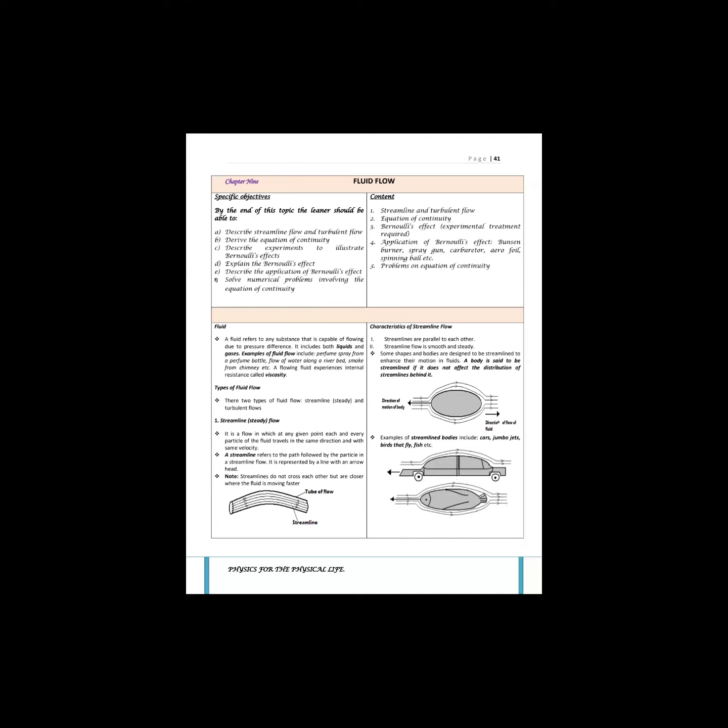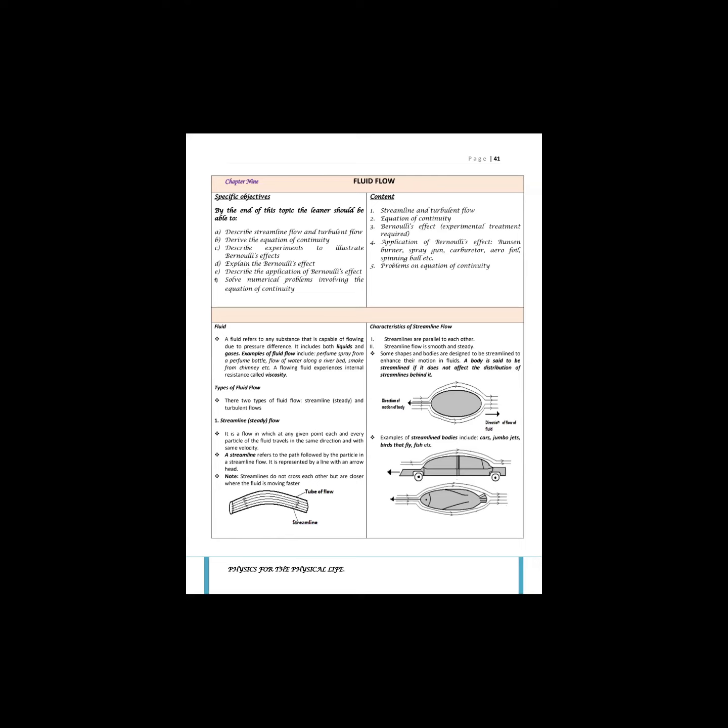In every streamlined body, you can see the path followed by the particles. We say fluids are both liquids and gases. So in a tube it would be a fluid. In a scenario like this one of streamlined bodies, e.g. the car, the jumbo jets, and so on, we'll consider gases here.